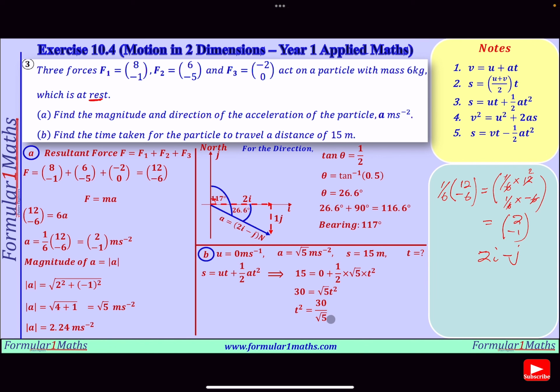We need to find t, so we'll find the square root, and therefore t will be the square root of 30 over root 5. This will yield 3.67 seconds. And that is the time required for the particle to travel 15 meters. And this is the end of this set of questions on exercise 10.4.